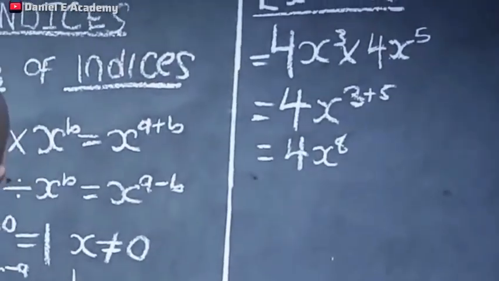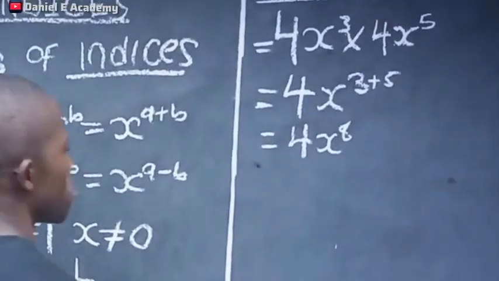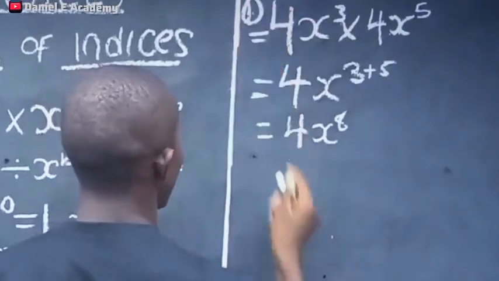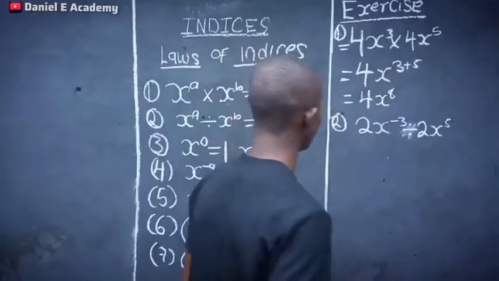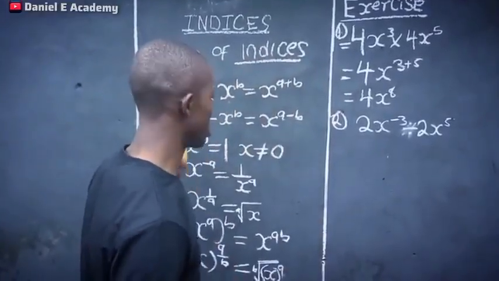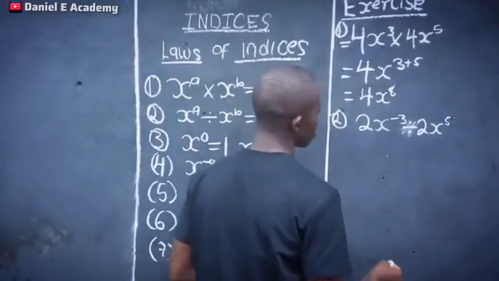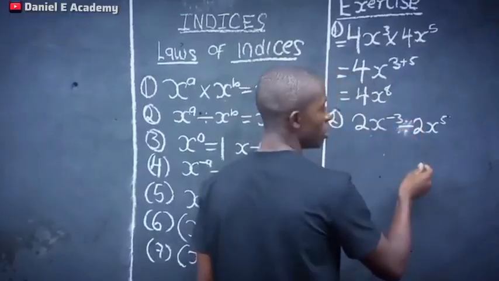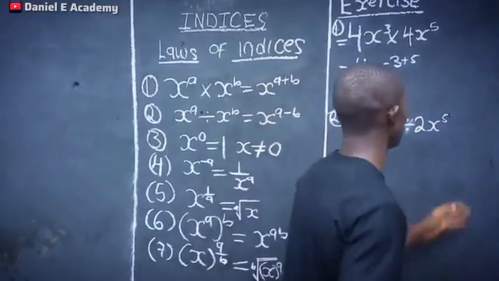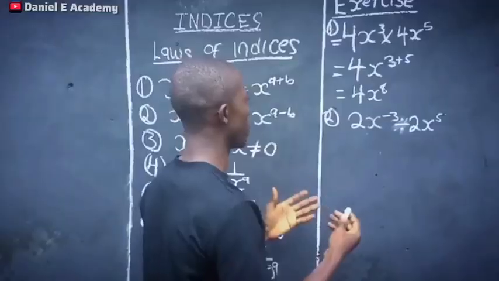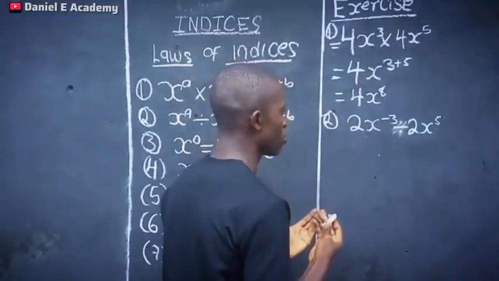You have solved this question. So let's try a different question. This is question 1. Now we move to the next question, which is division. 2x power negative 3 divided by 2x power 5. As we say, whenever it's division, they subtract each other.